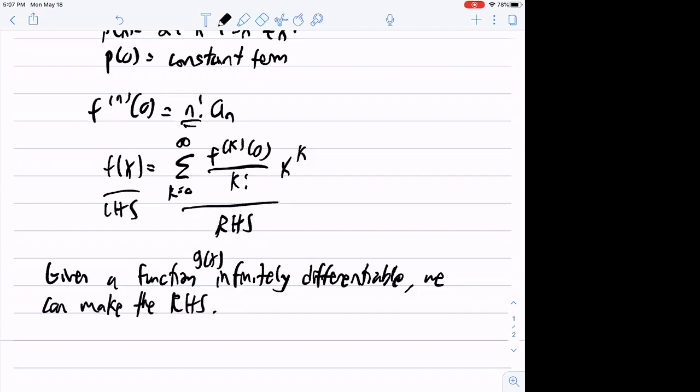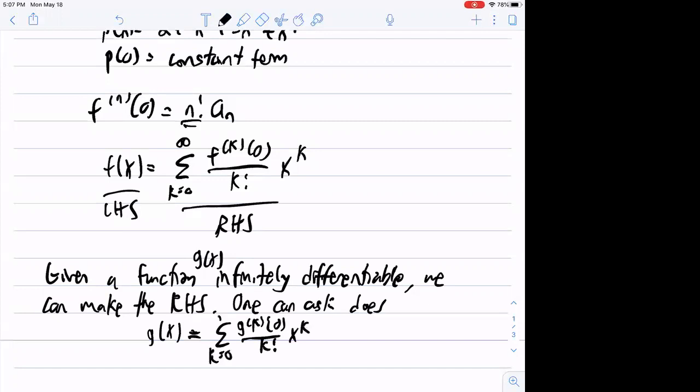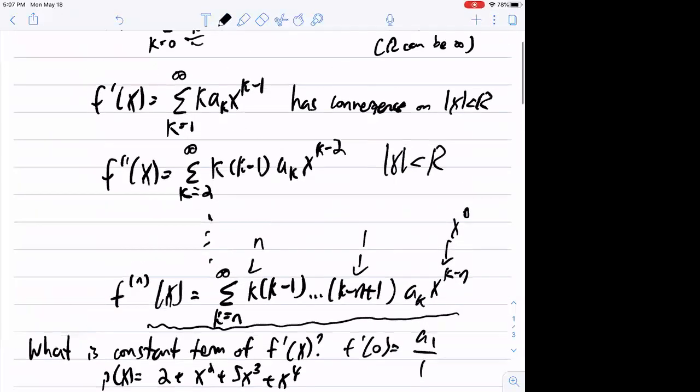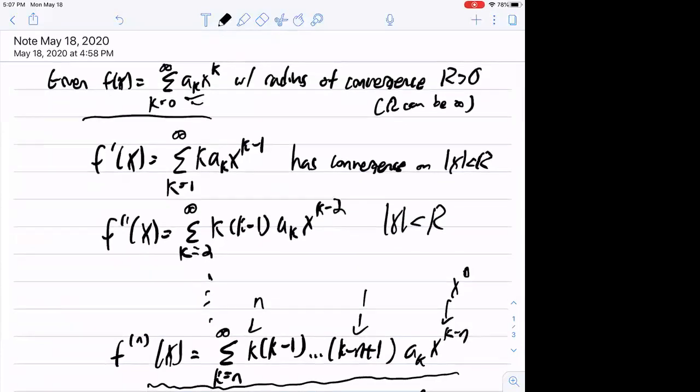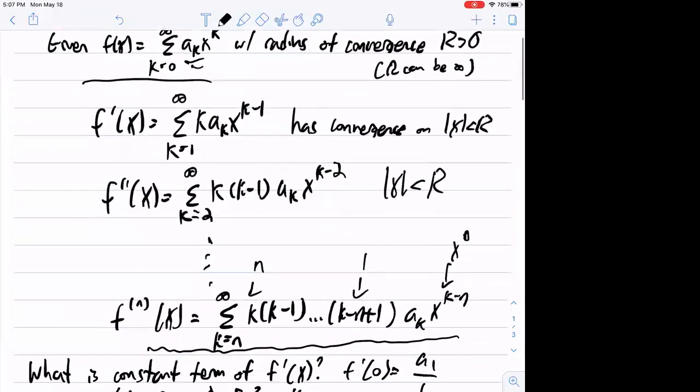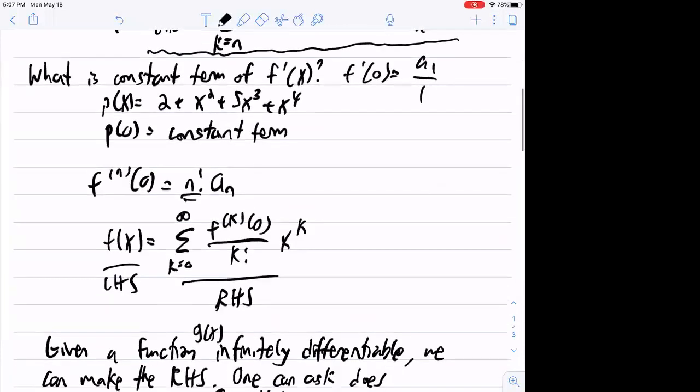So one can ask, does g of x equal this, the sum of g^(k)(0) over k factorial times x to the k? Remember, before I started off saying this is equal. If this is equal, then I could write it like this.